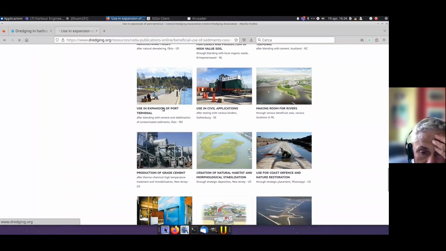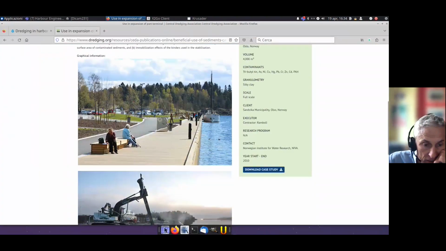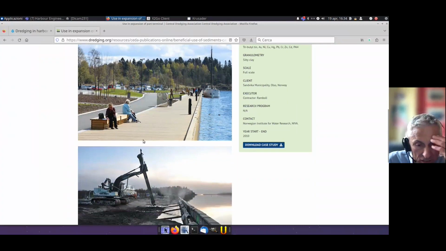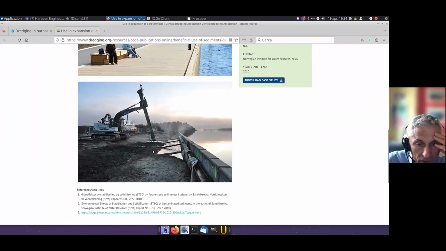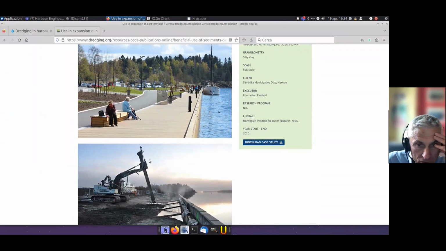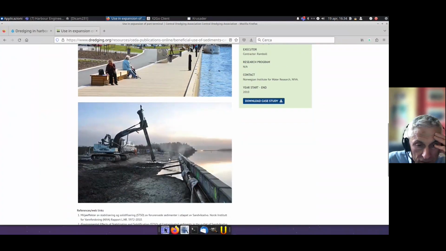This is a nice case study which I looked at last year. So you see here there is a port terminal that is realized through land filling. You see, this is the picture during the construction works. Land filling, and the land filling is made with dredged material.